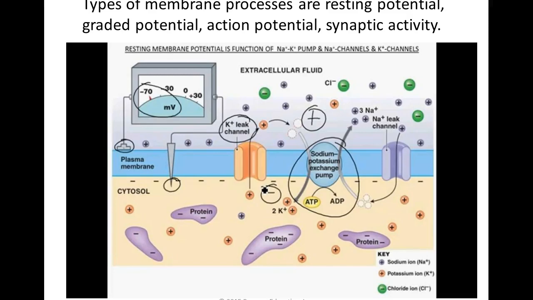So what is an action potential? What creates an action potential? The membrane, so that's the area around the axon, has certain processes that can happen. It can be just sitting in its normal way. We call that the resting potential.